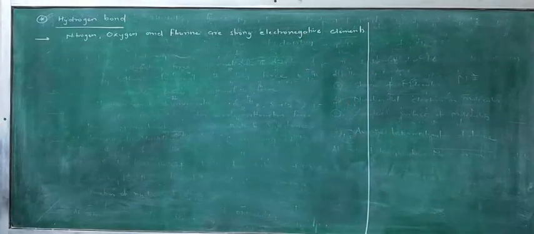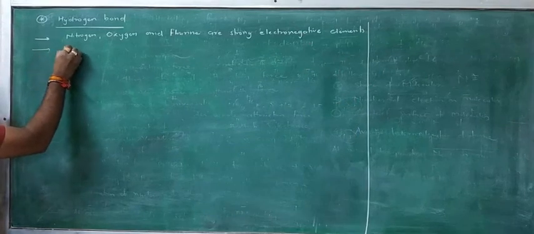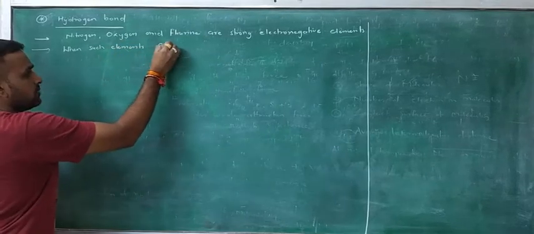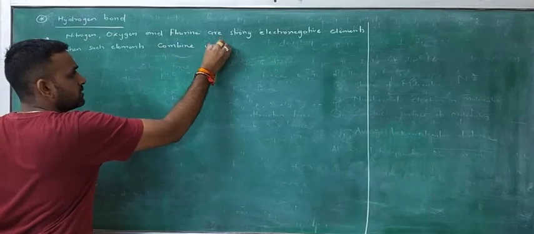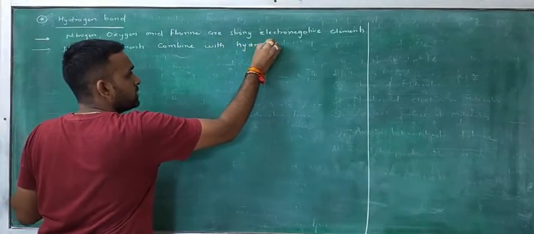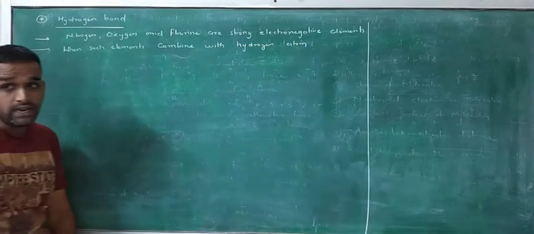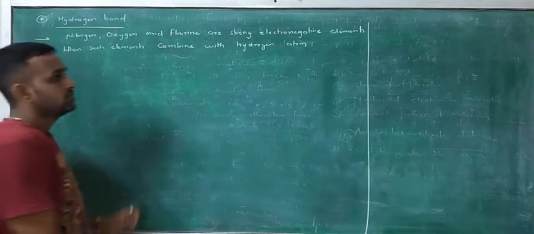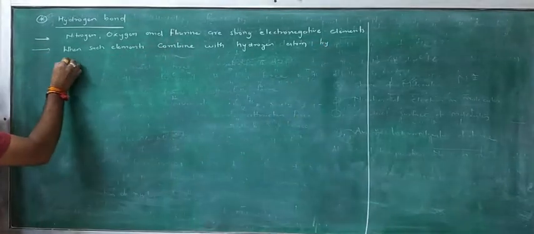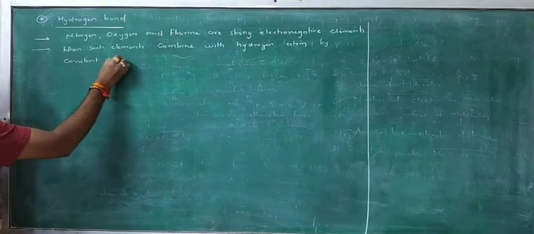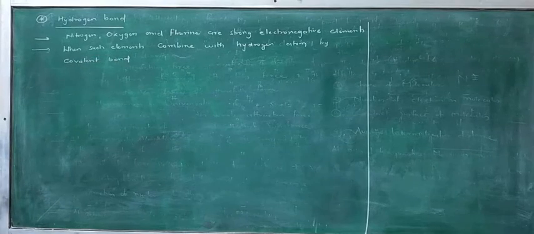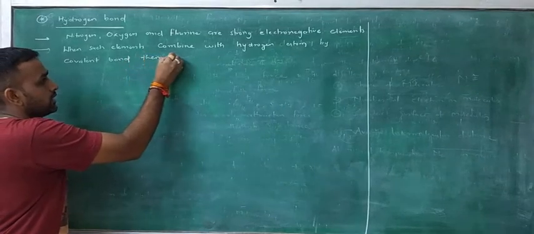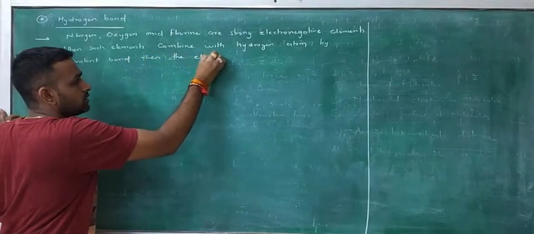So I write down here, when such elements combine with a hydrogen atom by covalent bond, by sharing in the covalent bond, then we can say the electrons are dragged towards the more electronegative atom.